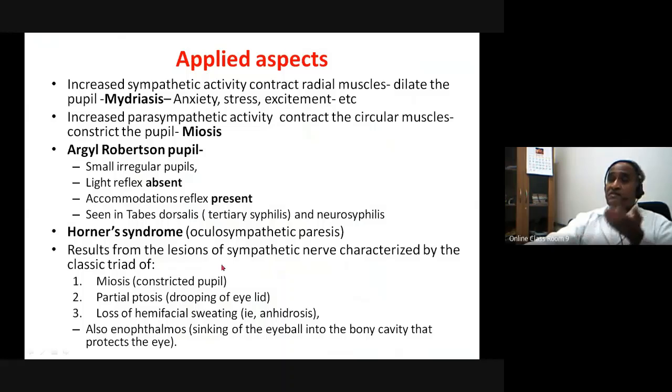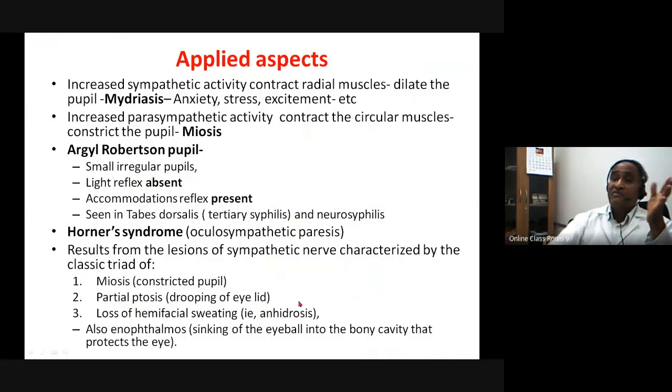It is characterized by a classic triad of miosis, that is a constricted pupil, because the sympathetic dilates, and when sympathetic is cut there is a constriction. I mentioned there is a parasympathetic dominance, the miosis, the constricted pupil, and what happens? It also supplies the eyelid muscle. There is a drooping of the eyelid, the ptosis.